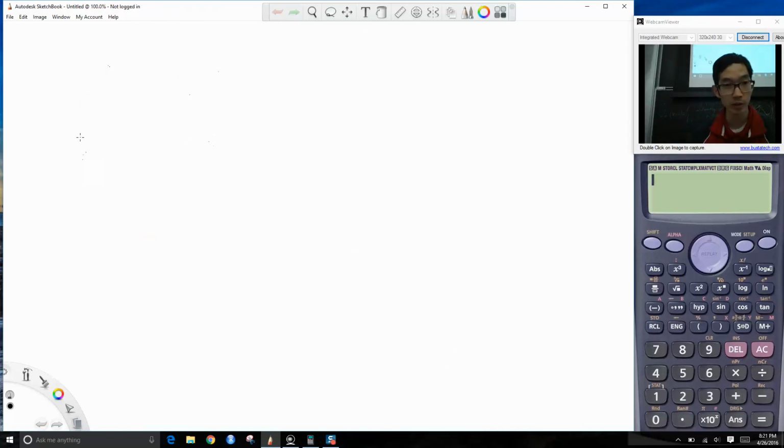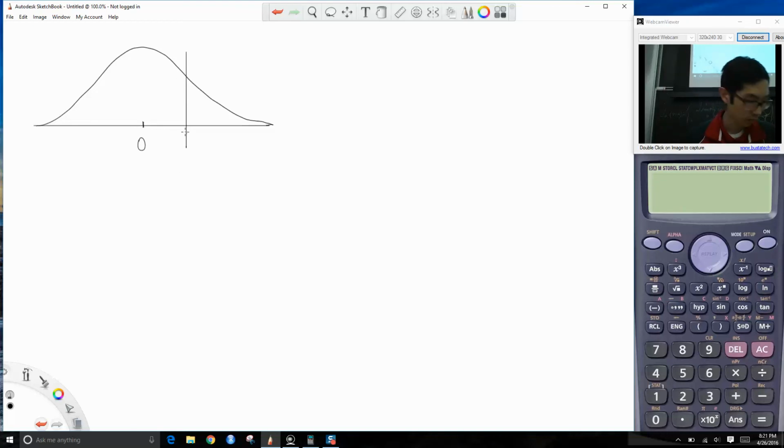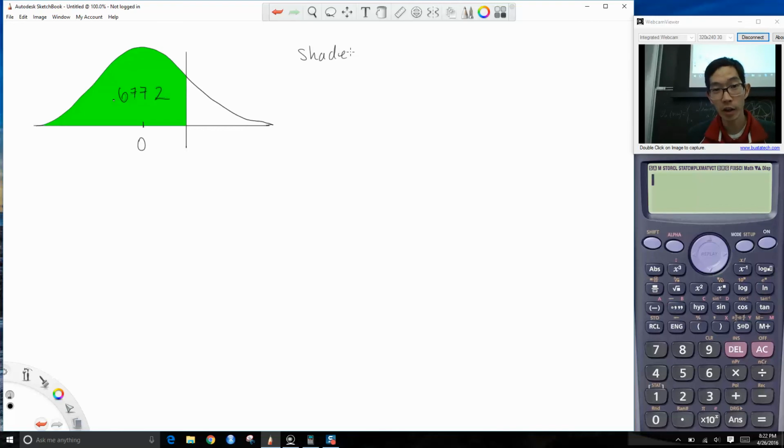All right, let's try something else out. So here, I'm going to tell you, can you guys see that? It says the shaded area is 0.6772.